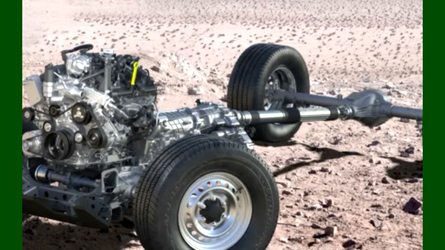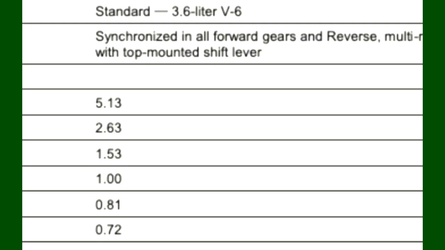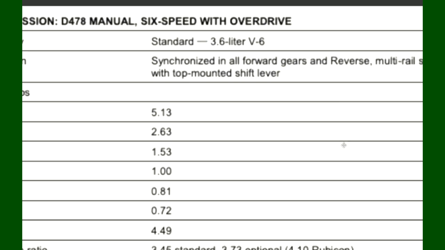Now, the manual transmission first gear ratio is, say, 5.13. Let's go back and find this table of the manual transmission. Here it is right here.